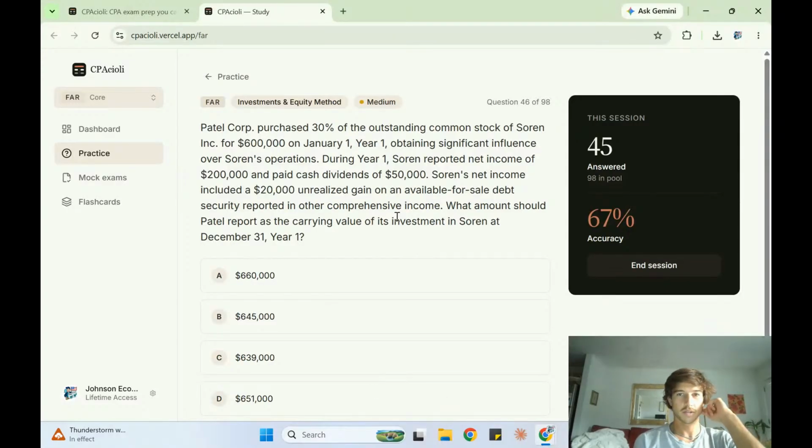All right, so there's the equity method, 30% for 600,000. Reported net income of 200,000. All right, this is pretty easy.